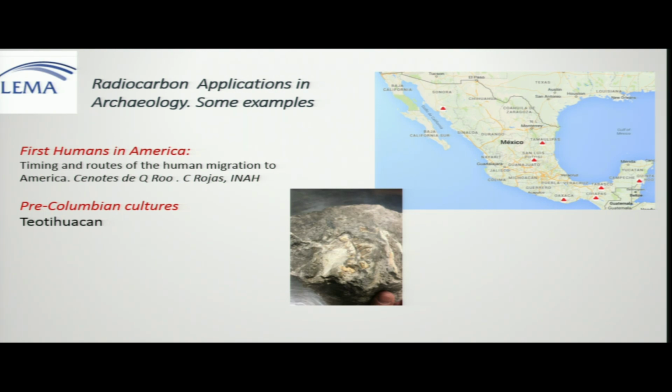And the archaeologist is a subaquatic archaeologist, Carmen Rojas, who works in the National Institute of Anthropology and History. And also we have, for example, studies in pre-Columbian cultures. I will tell you about a project that we have in Teotihuacan.